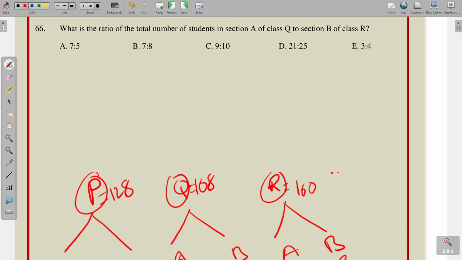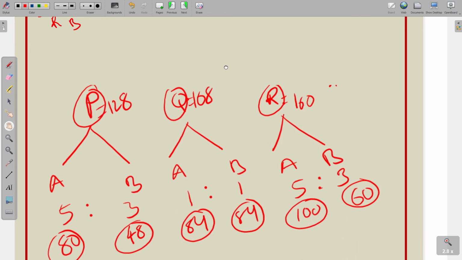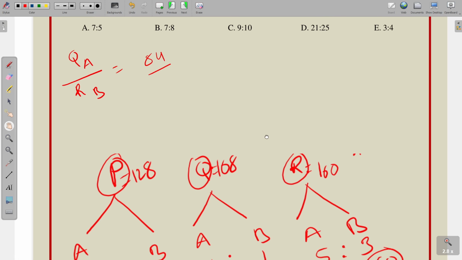What is the ratio of the total number of students in section A of class Q to section B of class R? So, section A of Q class is 84 and section B of R class is 60.